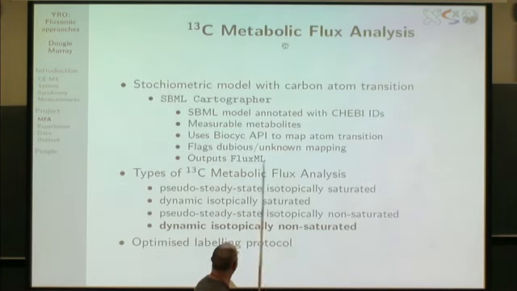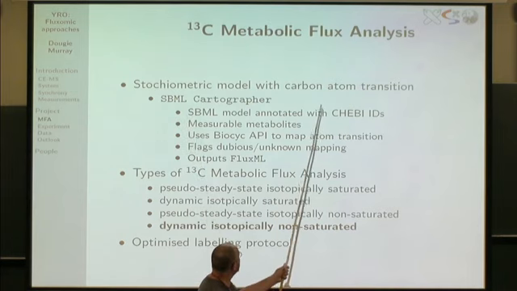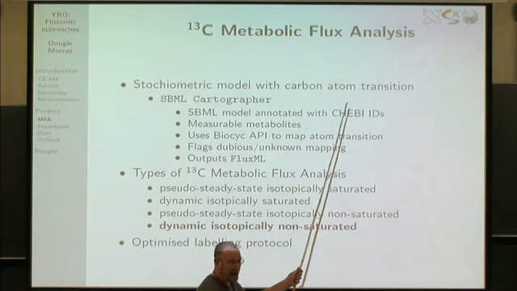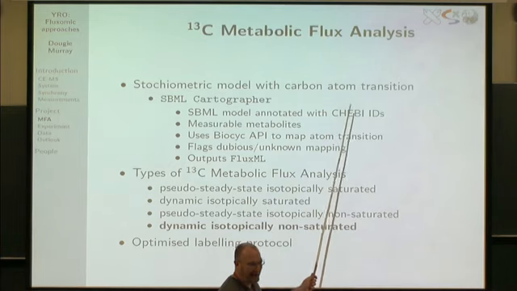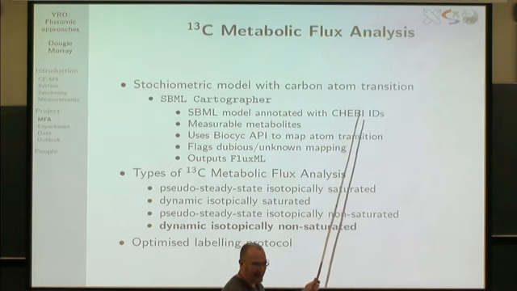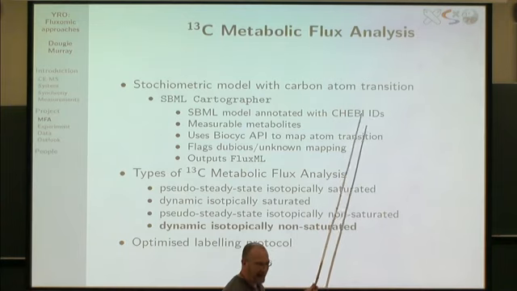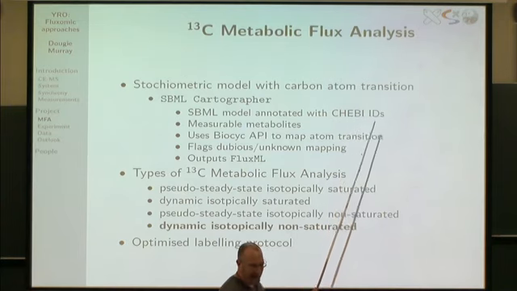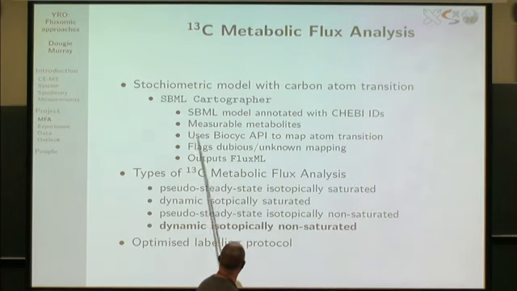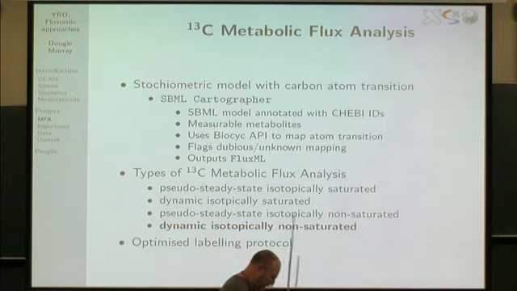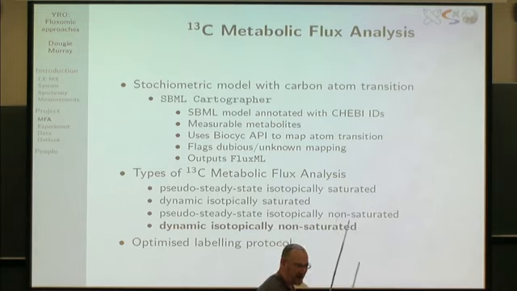From that ratio, you can then pump that into a stoichiometric model with carbon atom transitions, which isn't that trivial, because there's often a lot of errors in the databases. It's common in every system. So we developed a piece of software, which should be ready for submission and out soon, called SBML Cartographer. We take any SBML model, which has to be annotated with ChEBI IDs.